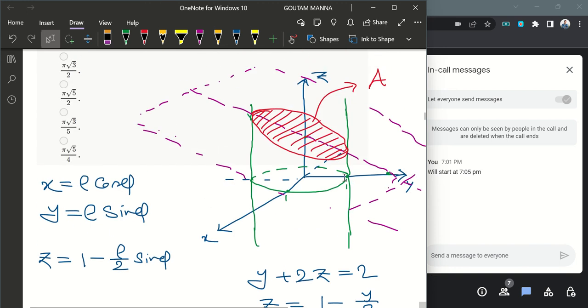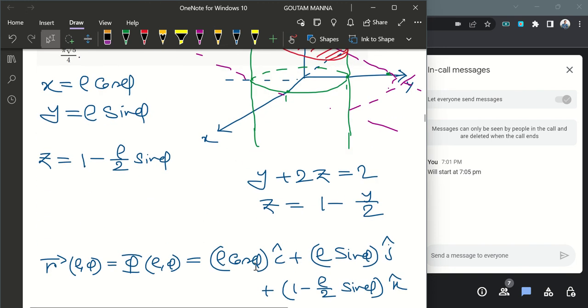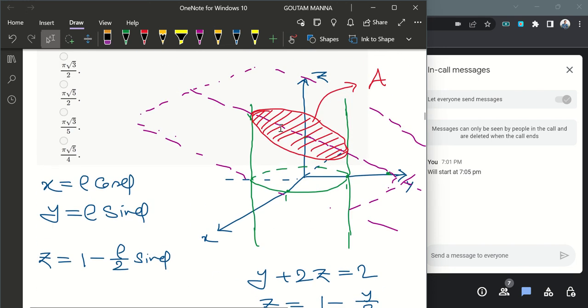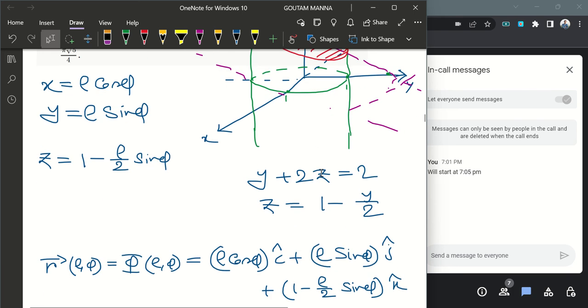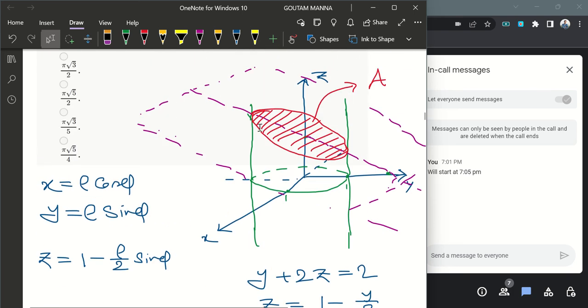So this is any position on this plane. If you put any value of rho and phi, we will be at some point on this elliptical plane, the area of which we are asked to find.